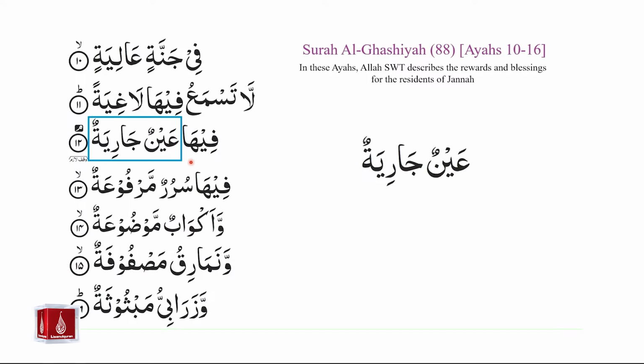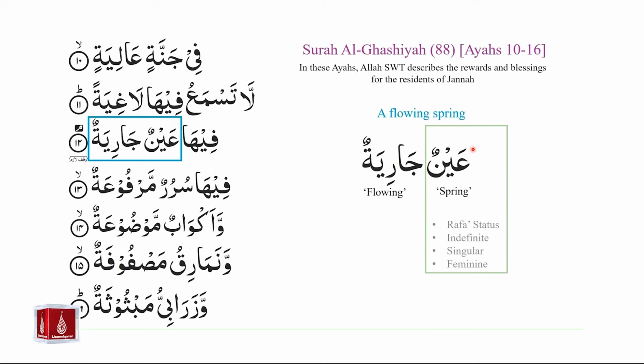Next, we have Ainun Jariyatun. Ainun means spring and Jariyatun means flowing. Taken together, Ainun Jariyatun means a flowing spring.